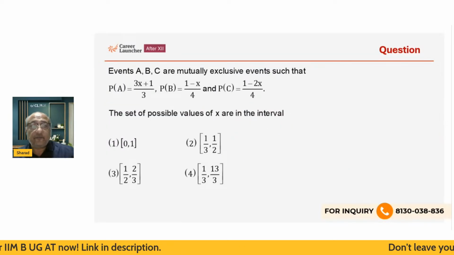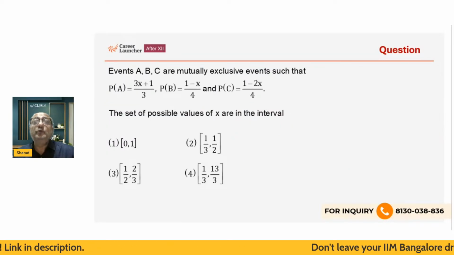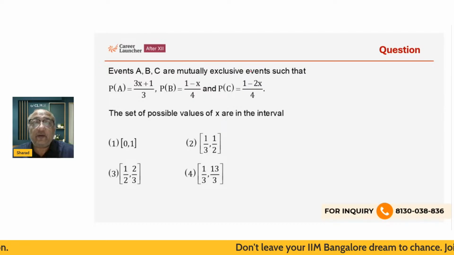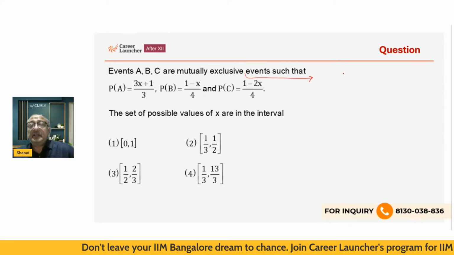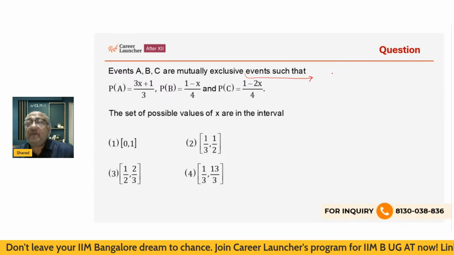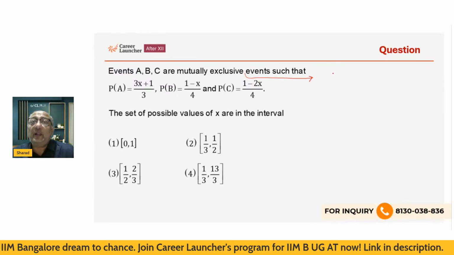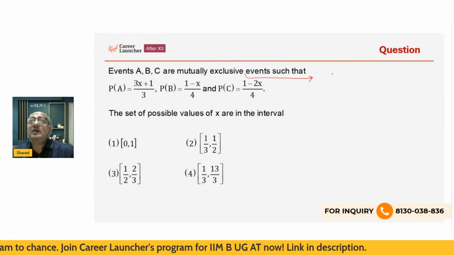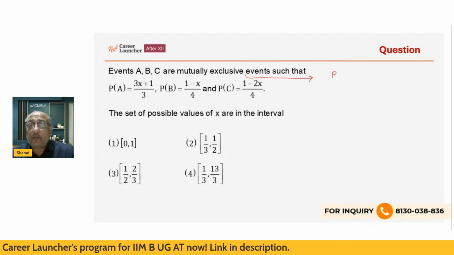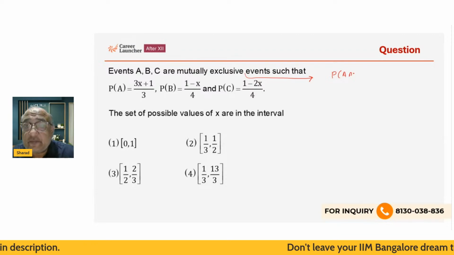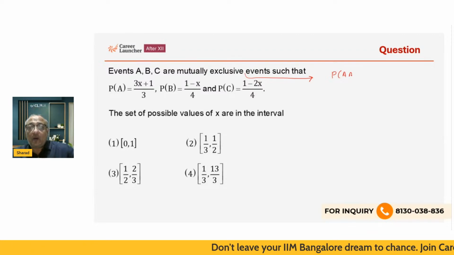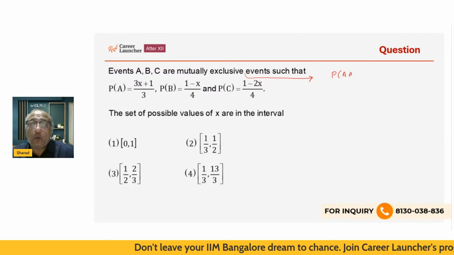This is a question in which they say the events are mutually exclusive. What is the meaning of mutually exclusive events? Mutually exclusive events means if A occurs, B will not occur. That means events A, B, and C are mutually exclusive; they will not occur together.